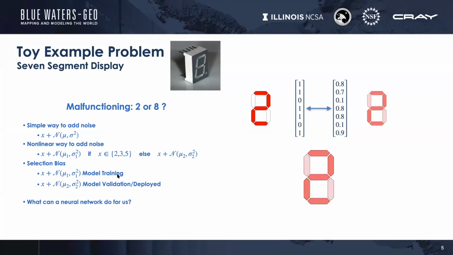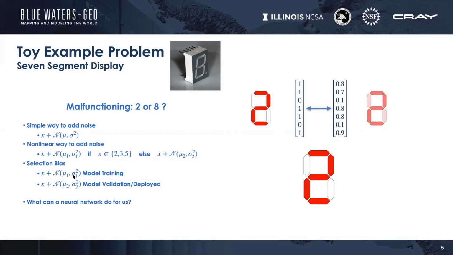And then you can also study things like generalization and selection bias. Perhaps you thought that the hardest thing to train on might have been 5, 7, and 8. So you add a lot of noise to 5, 7, and 8, but you don't necessarily add that noise to the other digits.